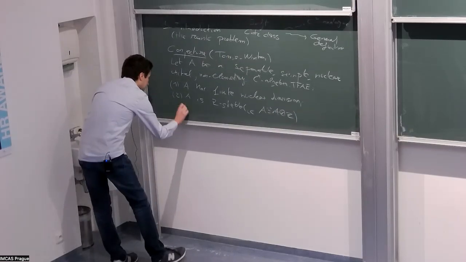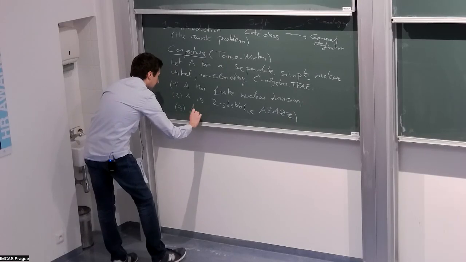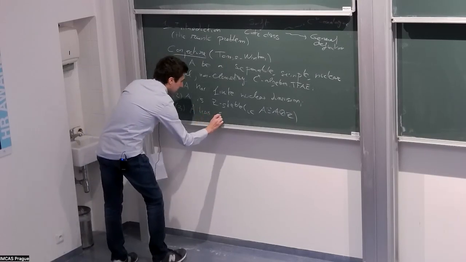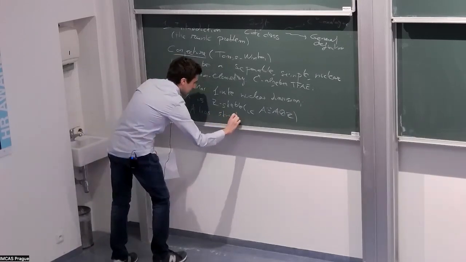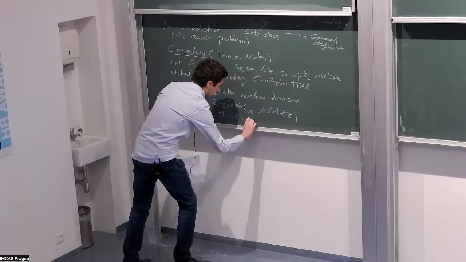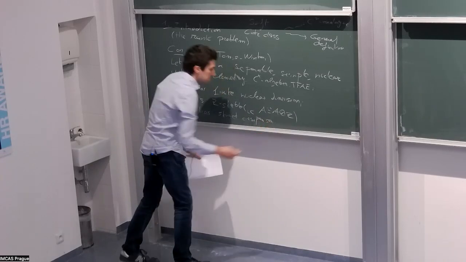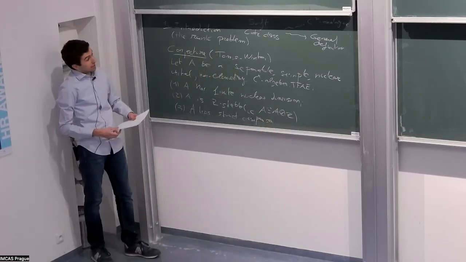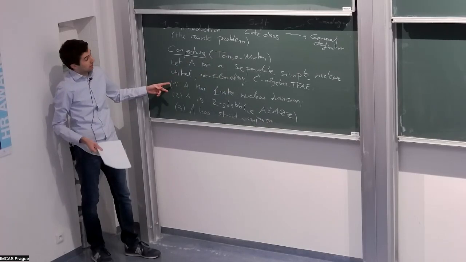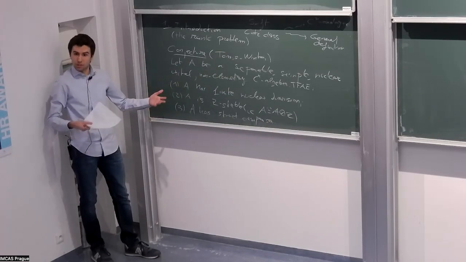The third one says that A has strict comparison. So as I said, what the conjecture predicts is that these three things, which seem to be different, are the same.